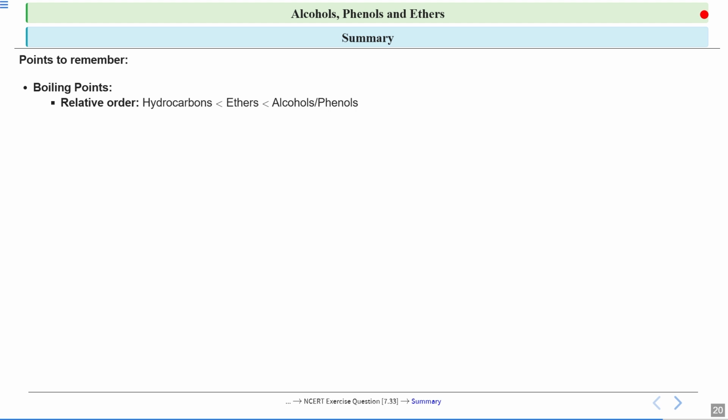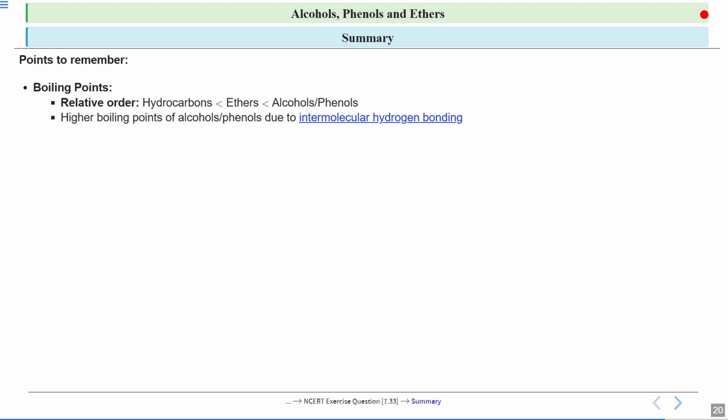But in ethers, there are dipole-dipole interactions, and these are weaker than strong intermolecular hydrogen bonding. Then in hydrocarbons, there are only weak van der Waals forces. That is why the boiling point of hydrocarbons is least, because you have to give less energy for the molecules to separate out.